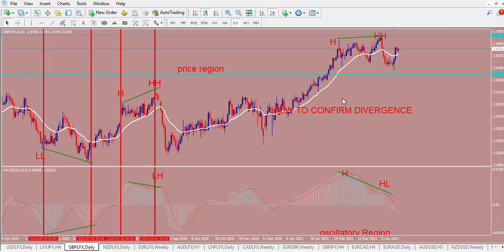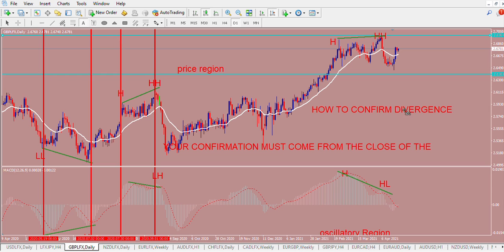Now one thing you need to understand is this: divergence works with what? Time frames. It works with time. Your confirmation must come from the close of your main time frame.